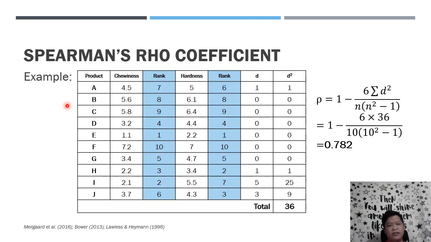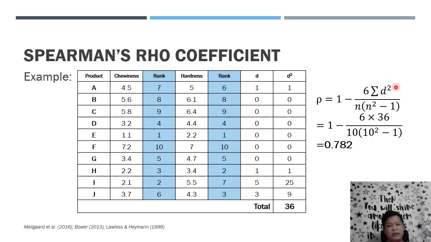In this case, as you can see, we only have 10 products, or this could actually be your panelists, and we are comparing the chewiness and the hardness value. So in this case, you want to see if there is a correlation between chewiness and hardness across the 10 products that were evaluated.